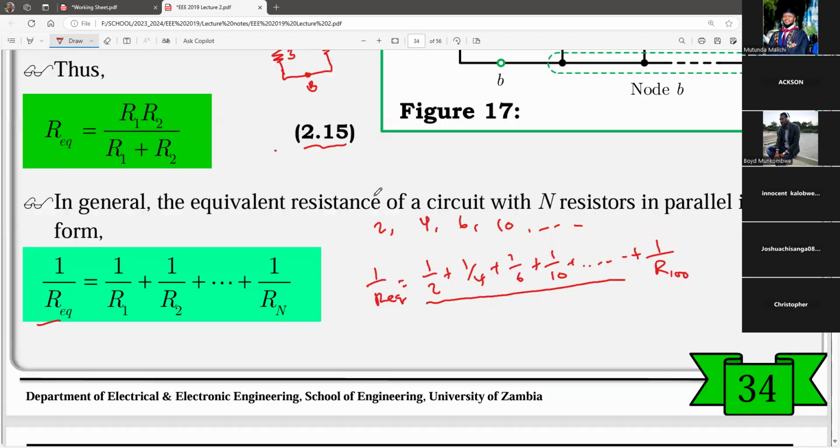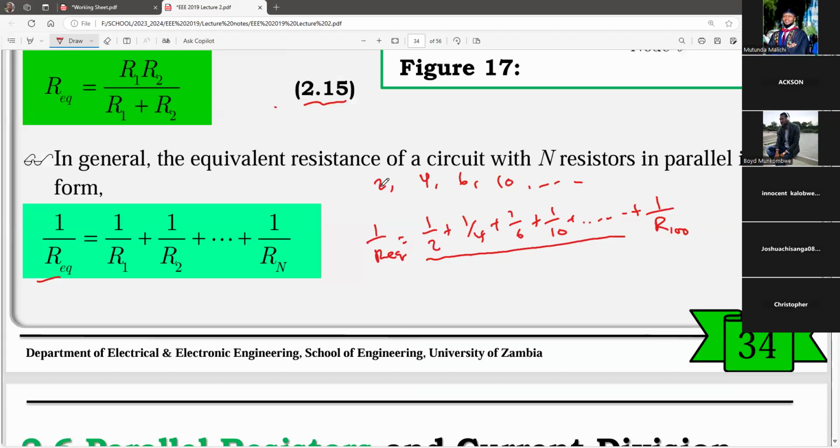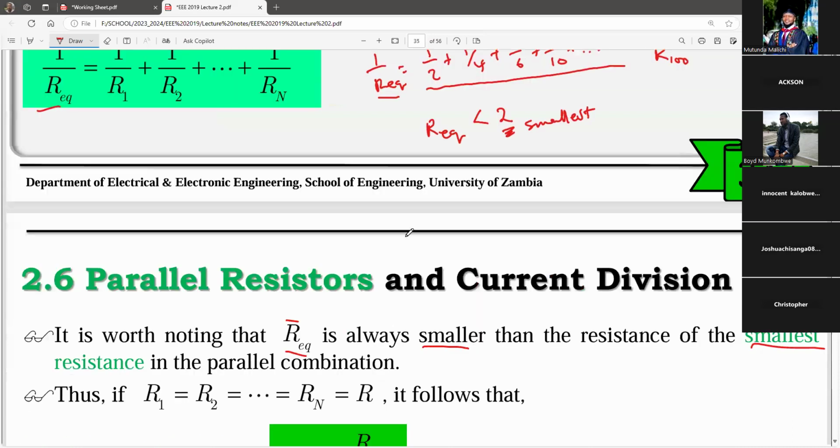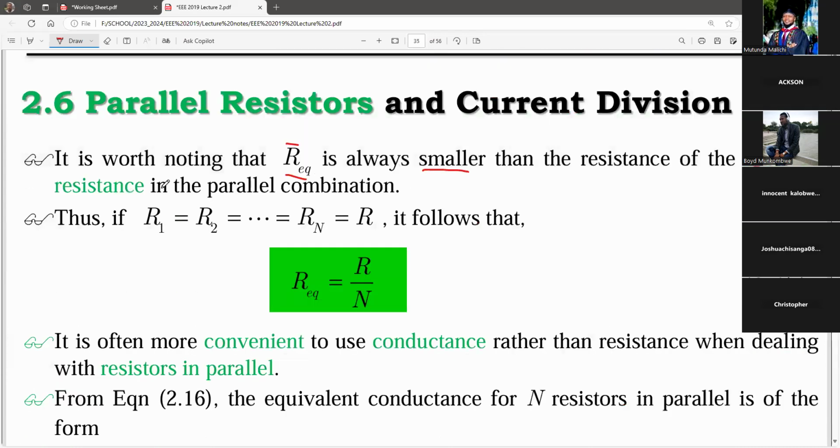If we assume that 2 is the smallest, when we calculate the equivalent resistance, Req should be less than 2, because 2 is the smallest among those resistors connected in parallel. So that's what resistors connected in parallel dictate.